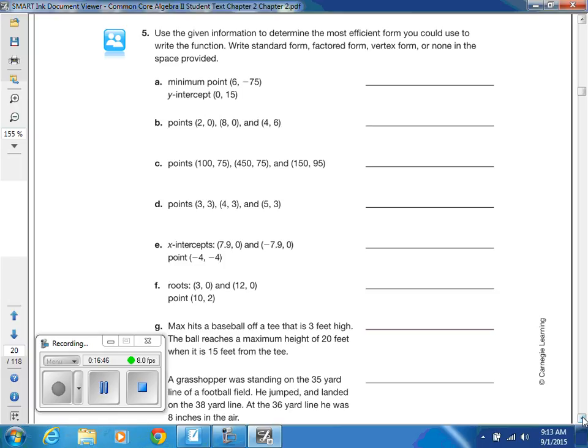Write standard form, factored form, vertex form, or none in the space provided. If they've given you the minimum point and a y-intercept, what's another name for the minimum of the quadratic? Vertex. So if they've given you a vertex, what form do you think you might want to try to write it in? Vertex. Amazing. Vertex form.